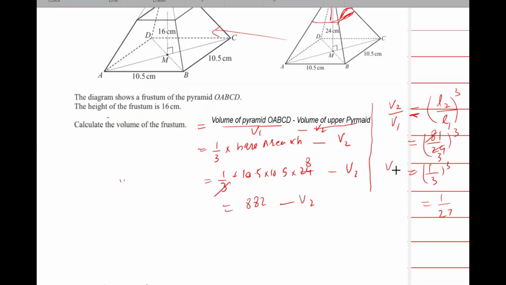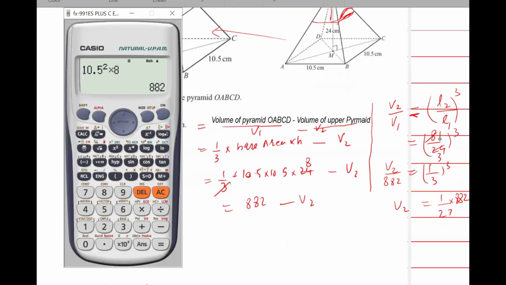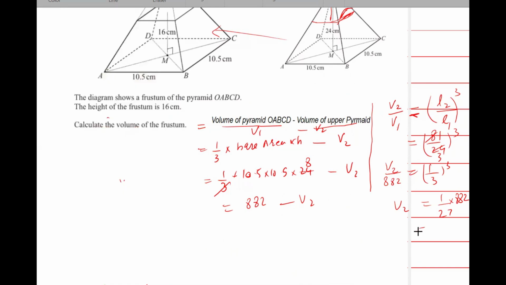Here V1, the volume of bigger pyramid, is 882, and we write V2 equal to 1 over 27 into 882. We calculate 882 divided by 27, this value equal to 32.66.